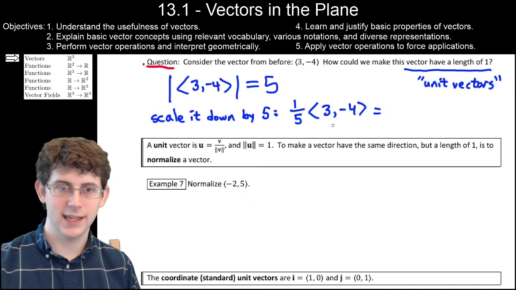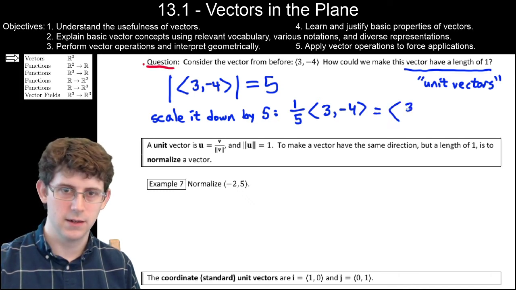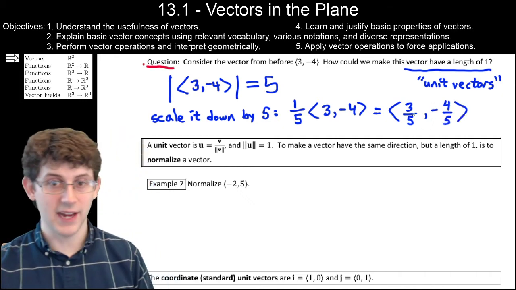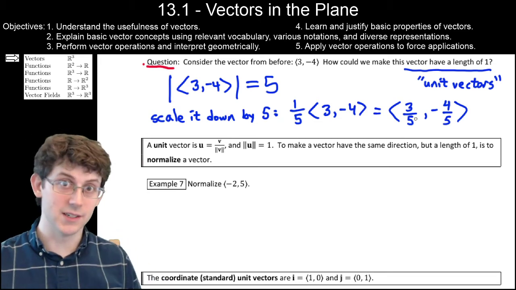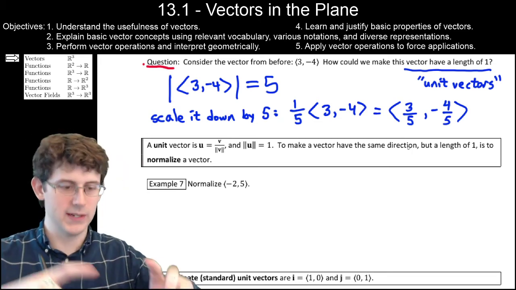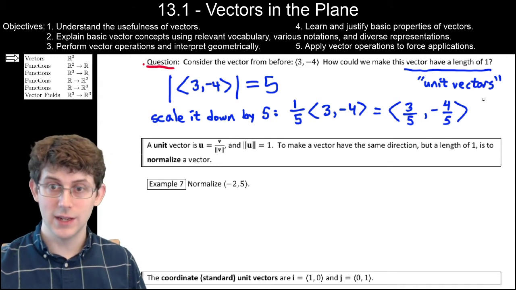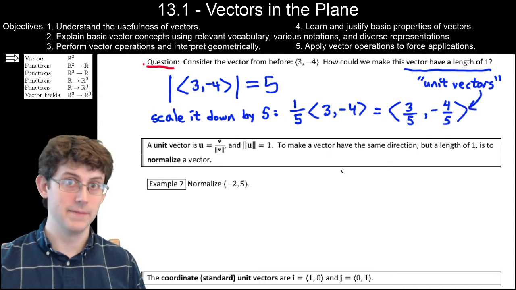And to do that, you scale down both components. Side note is that this vector points at a point that's on the unit circle, because the unit circle is all the points that are 1 away from the origin. So anyway, this is a unit vector. It's a vector with length 1.